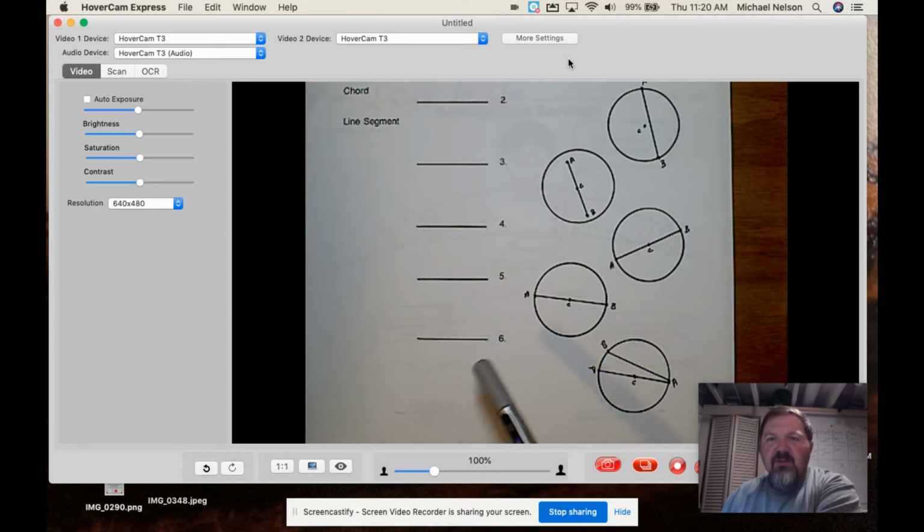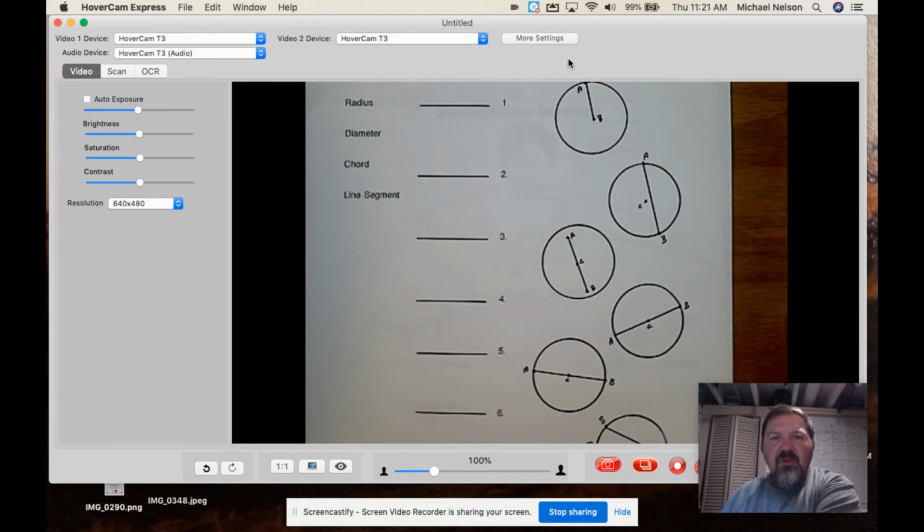Now, yesterday we talked about the word diameter. Diameters are chords too. So if you wanted to, for number 5, if you know that that's the diameter, and you want to say diameter, you could also put chord as well. But diameter is the one I'm looking for. Diameter is more specific there. Okay. So you've got 6 different answers, but only 4 different words to choose from. So some of them will be duplicates.